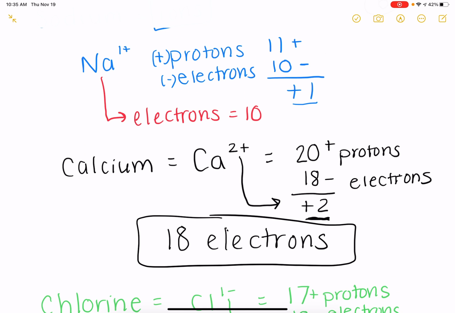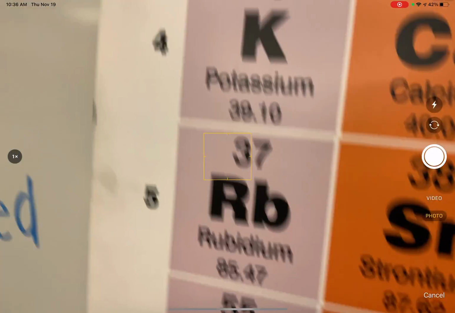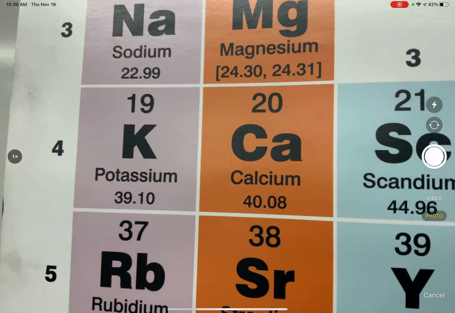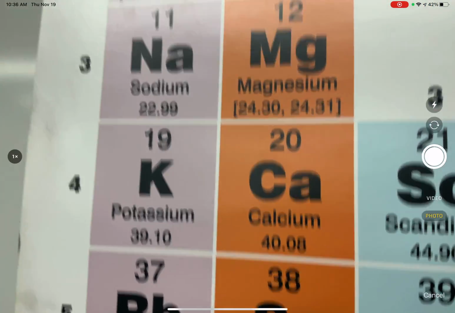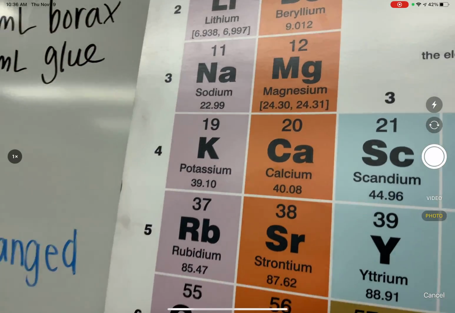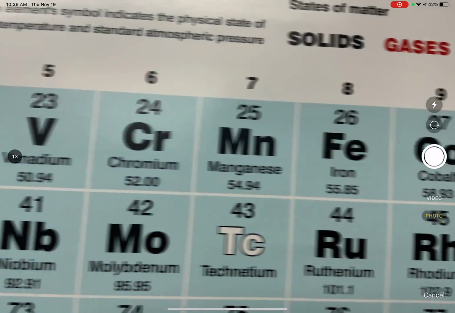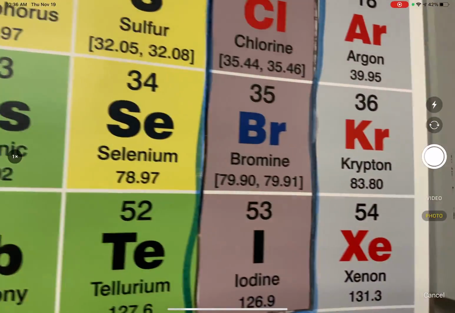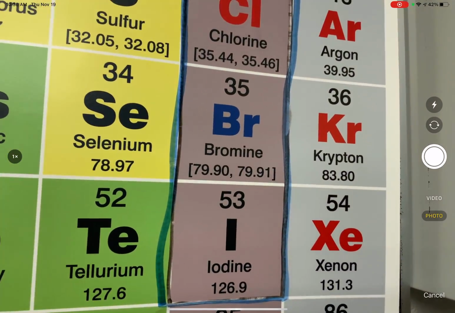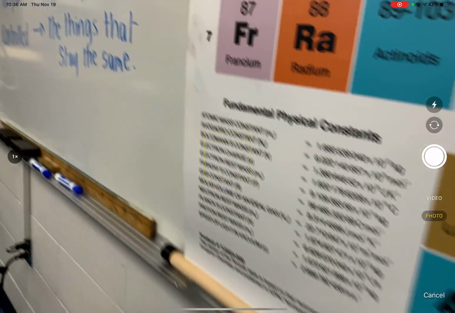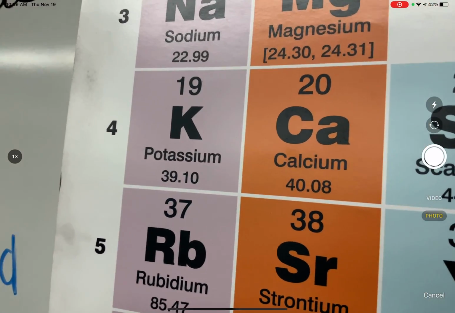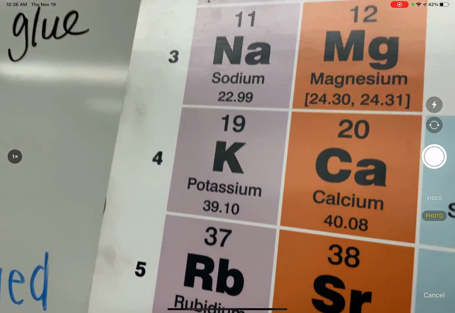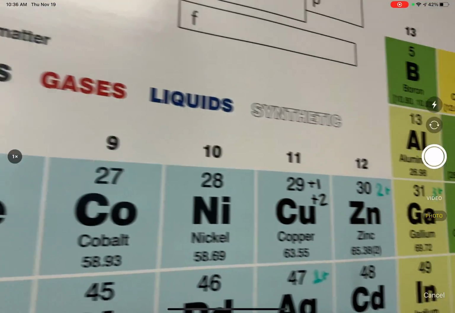These guys, the ones that were positive, the cations, calcium is 20, but it had 18. So these positive ones, actually, instead of going all the way over here and trying to be like the next guy, 36, these guys actually will go backwards. So calcium will go backwards, it'll go up one row, and what's the closest one?